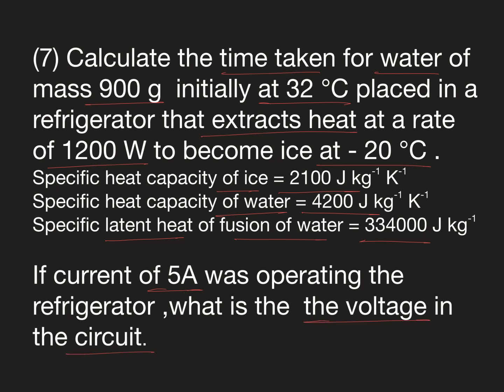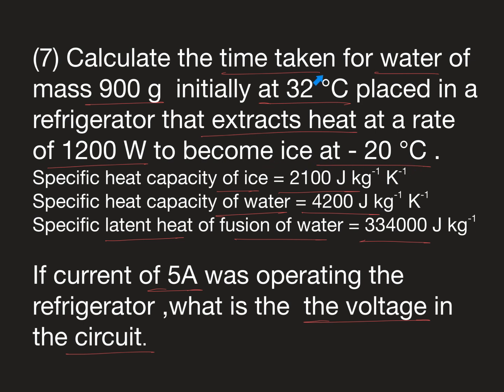So we will break down this problem. It is a problem that involves thermal heat and some knowledge of electricity. So what we do know for now is we have water that is initially at 32 degrees Celsius that is placed in a refrigerator which extracts heat at a rate of 1200 watts to become ice at minus 20 degrees Celsius.